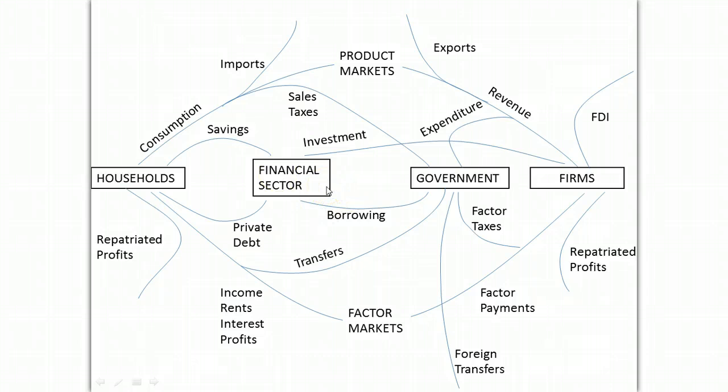The third sector we'll add is the external sector. And this is relatively straightforward to appreciate. This is the final element of the economy. Again, households don't have to spend all their money buying from domestic firms. You can buy goods or services from any country.